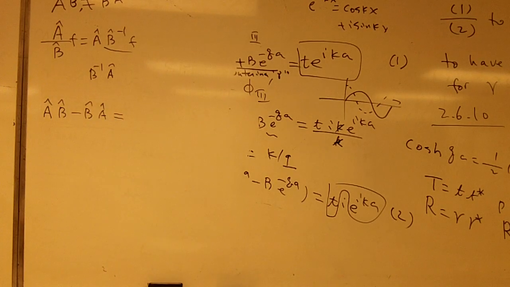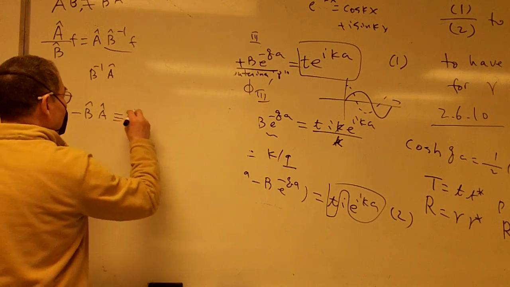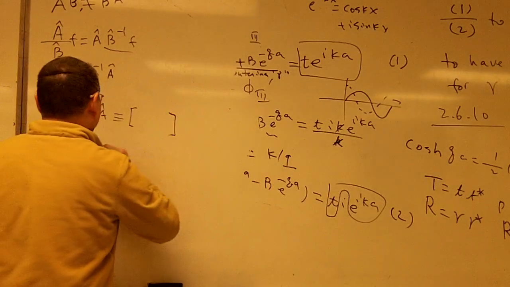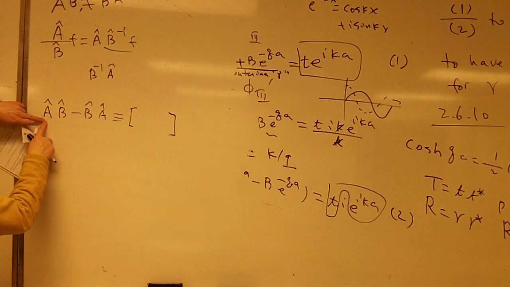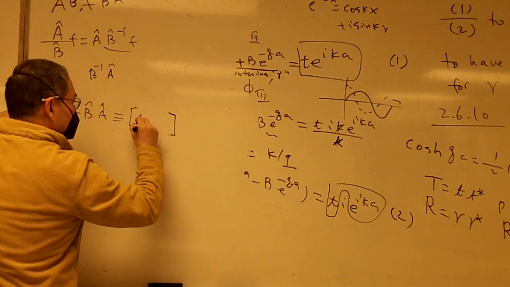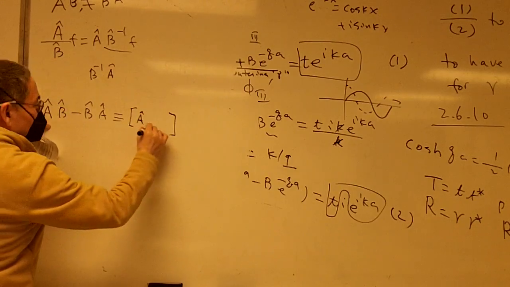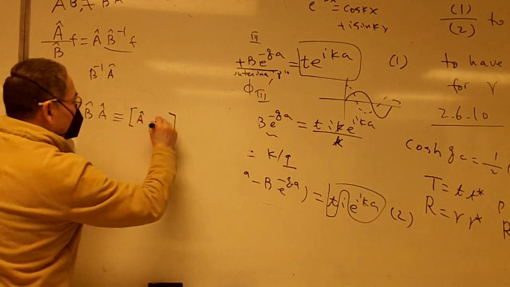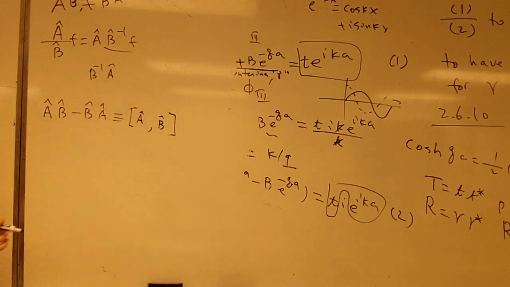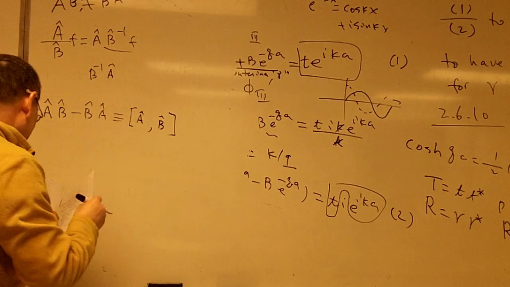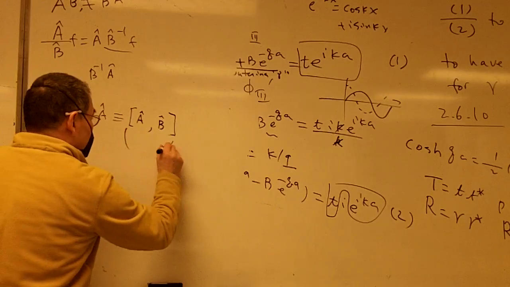So if this is something we don't know, we use a notation to represent something we don't know. This is denoted by square brackets. You see I have A in the front, and a comma and B, like this. And this bracket is called square brackets.